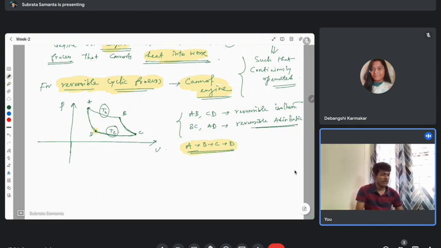So then we define a reservoir. What does a reservoir mean? A reservoir is a body sufficiently large that we can consider it to have essentially infinite heat capacity.